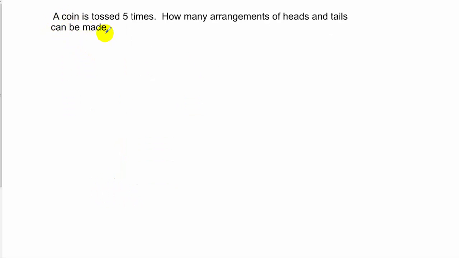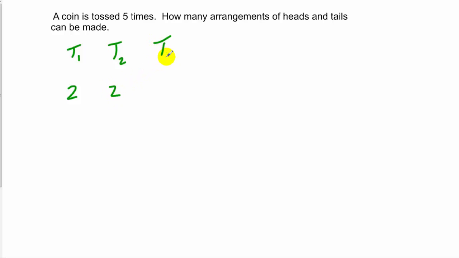Now, if you toss a coin 5 times, you want to know how many different arrangements of heads and tails can be made. Again, we can do a tree diagram for this, and sometimes that's going to help. But all we really have to do is consider each toss a different set of choices. On my first toss, I have 2 outcomes. On my second toss, another 2 outcomes.